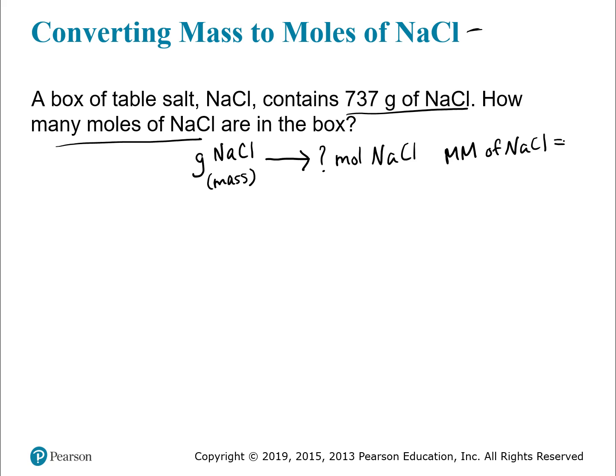So you look up on the periodic table, what is the atomic mass of sodium, what's the atomic mass of chlorine, you add them together, and you should get something in the ballpark of 58.443 grams per mole. So our equality looks like this.